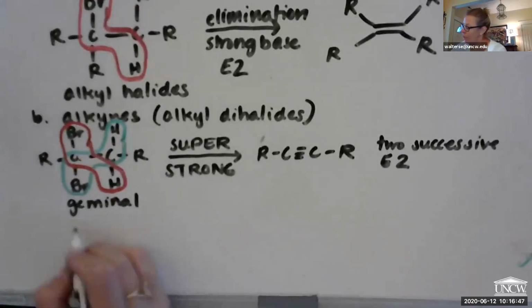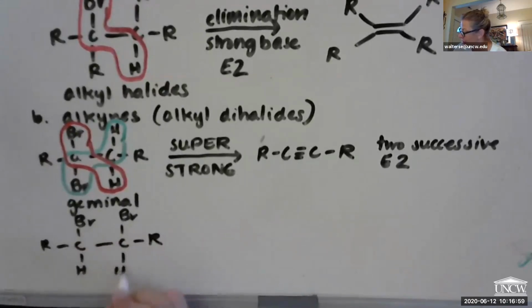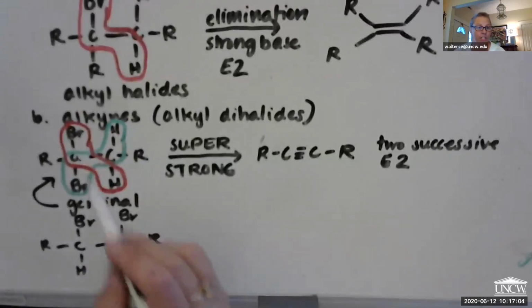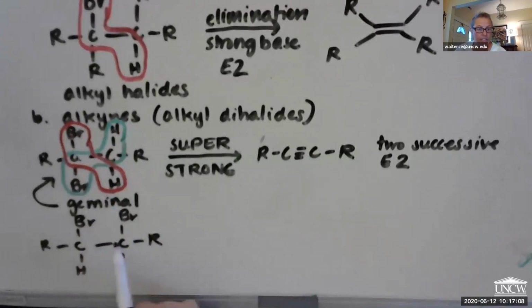Okay. The other thing you can do is you can use a dihalide where the halogens are on next door neighbors. Okay, so geminal, the two halogens are on one carbon. This, where they're next door, is called vicinal. They're neighbors.